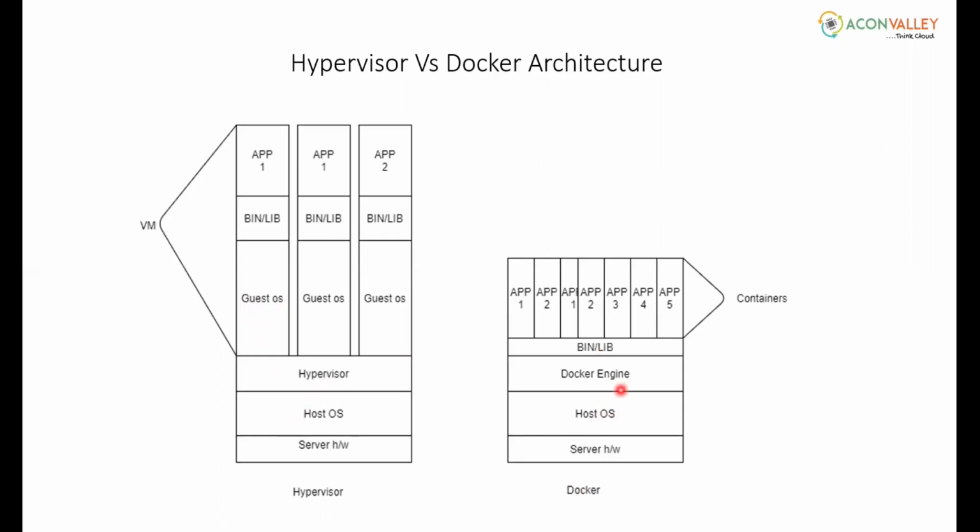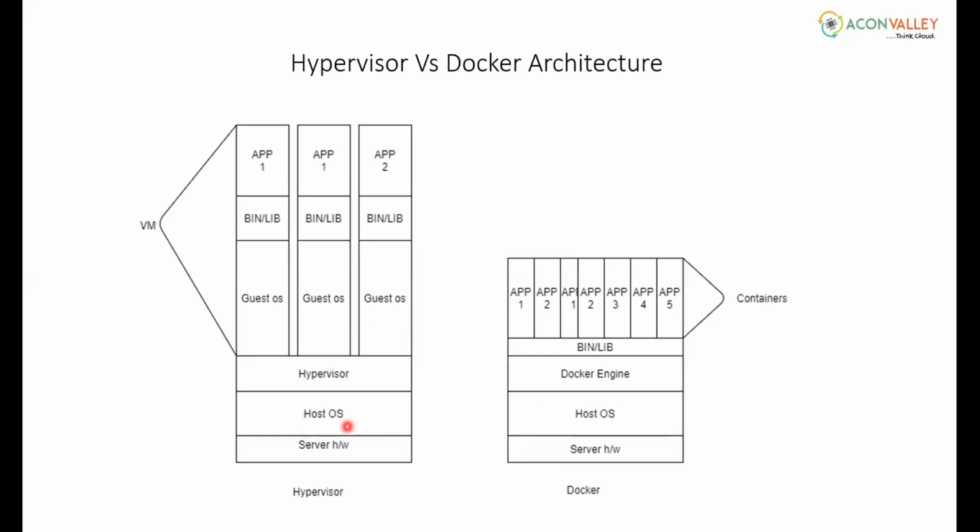In case of the Docker engine, it doesn't care about that. It doesn't have a separate OS, so it consumes less hardware. That is the first advantage. So Docker not only shares the hardware, but also shares the OS.